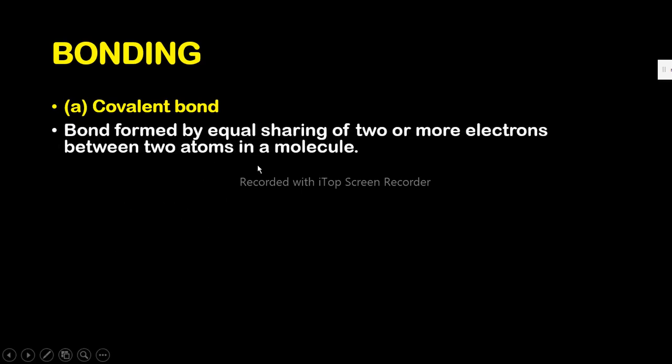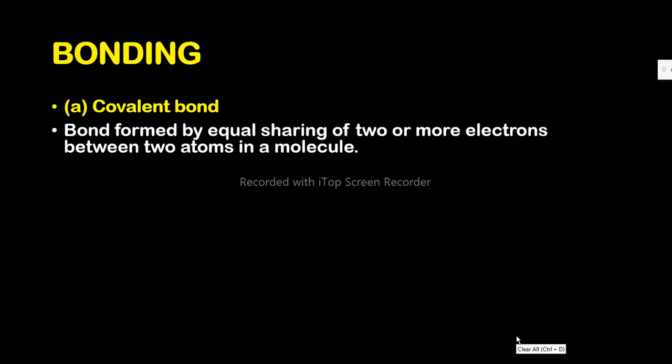So now a covalent bond. This is just simple work, but we shall not take anything as obvious. It is a bond, or a force of attraction, that is formed when two nonmetals share their valence electrons in a bid to form that octet structure.